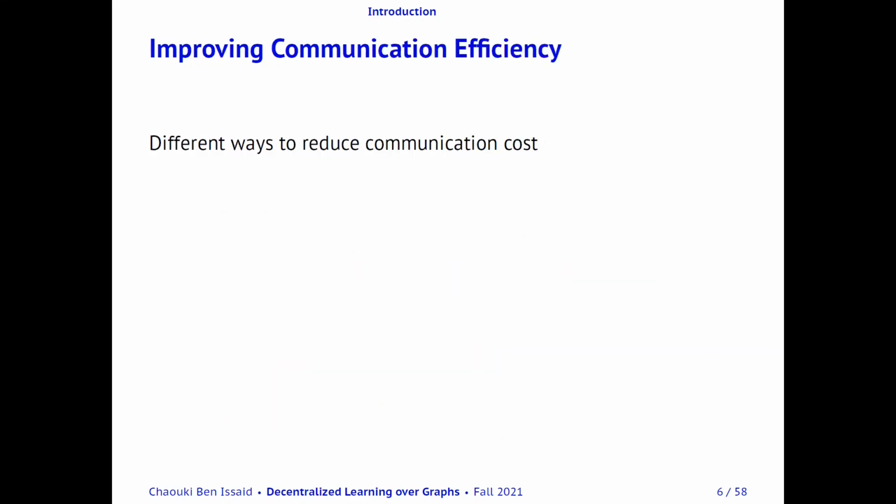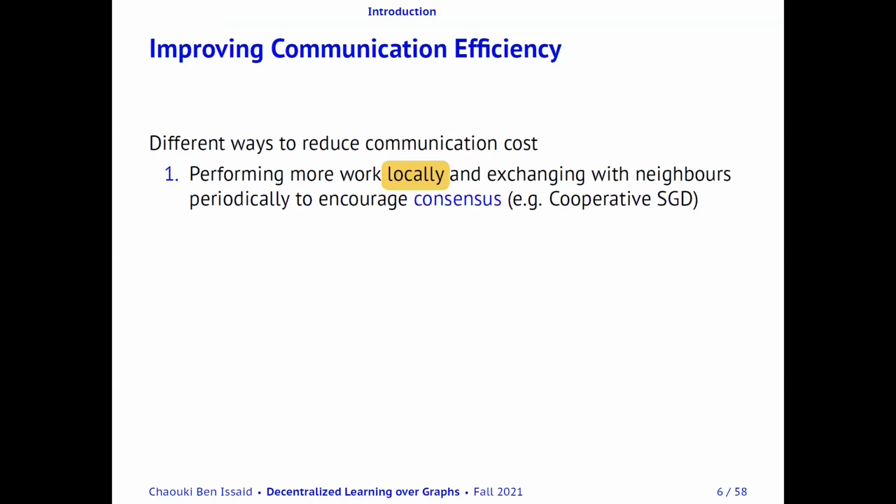Generally speaking, there could be different ways to improve the communication efficiency of distributed learning. The most promising and often sought directions are, first, performing more local work. That is, the nodes use their own dataset to update their models for a certain period of time, and then they exchange with neighbors periodically to encourage consensus. As an example, we will discuss cooperative SGD later on.